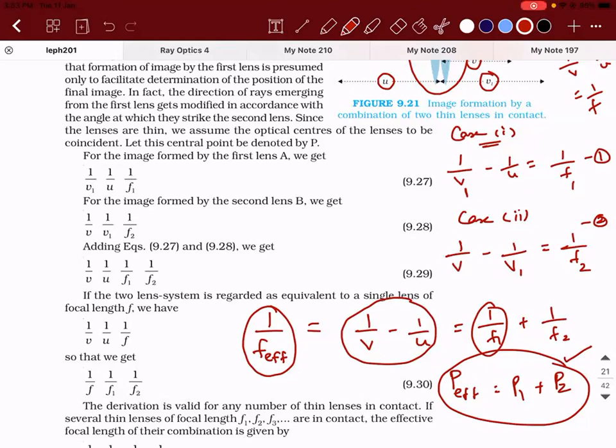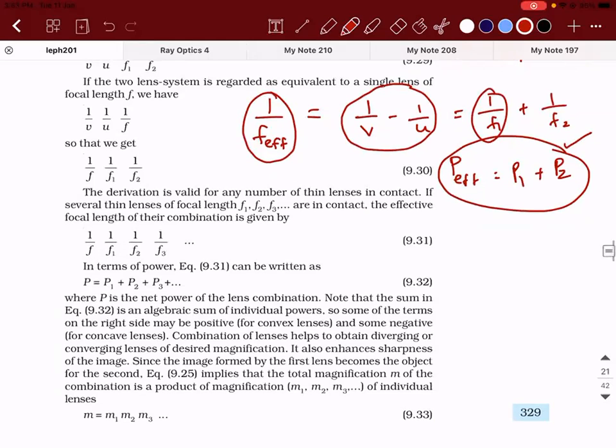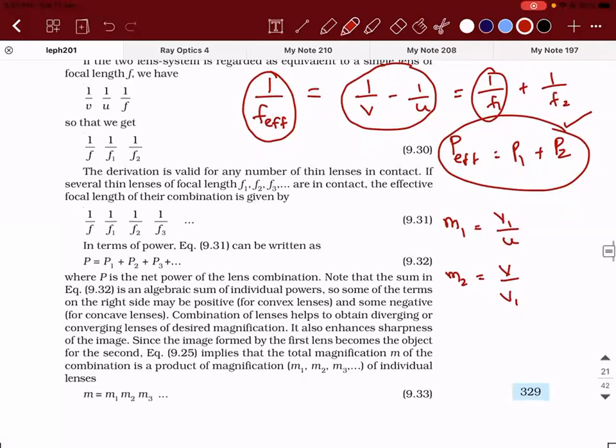If it is asked. Now, the next question is what is going to be the effective magnification? So, magnification due to the first lens is going to be V1 divided by U. What will be the magnification due to the second lens? It will be V divided by V1. Right? What will be the magnification due to the combination?